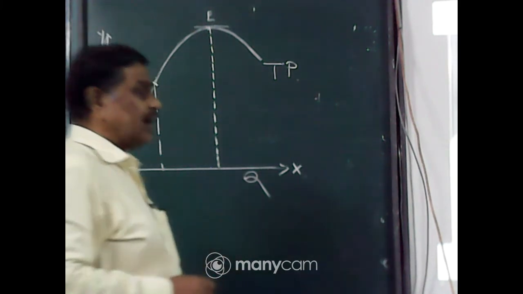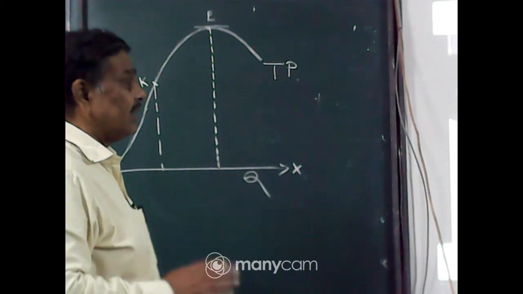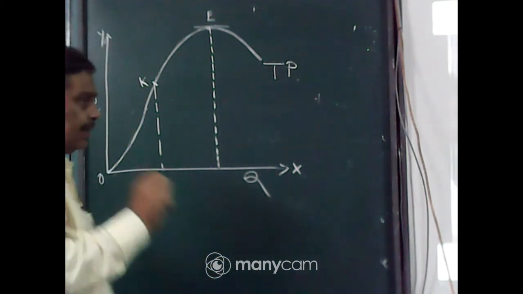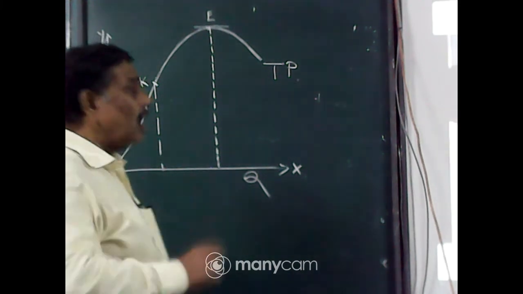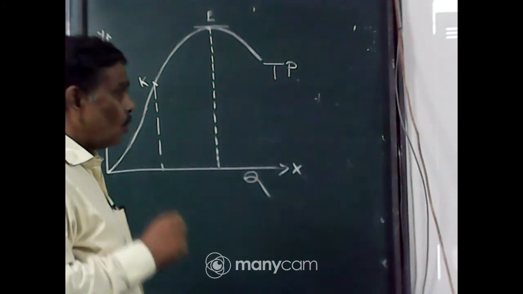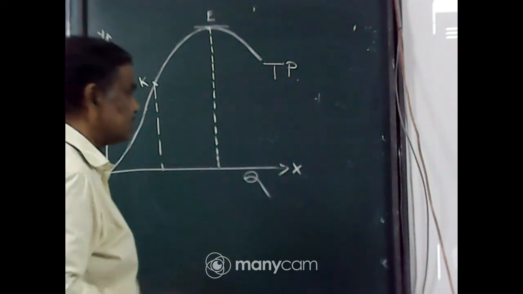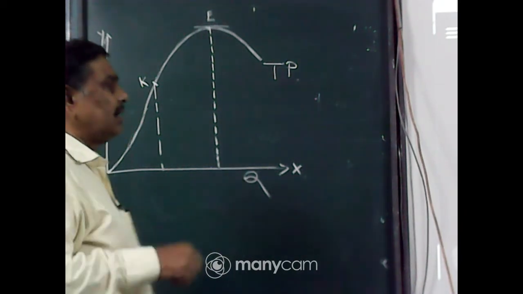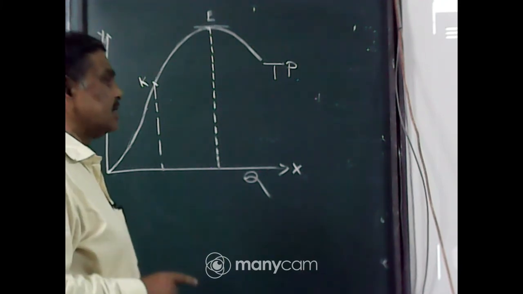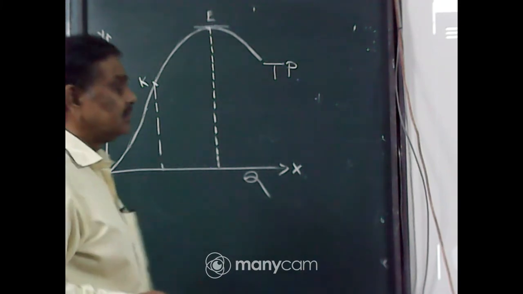Now, I am giving you very common example. Suppose you want to cultivate 1 bigha of land to produce paddy. You require 6 laborers. Now, if you employ more than 6 laborers, suppose 7, 8, 9, 10 laborers, on 1 bigha of land, 10 laborers will not be able to work. So, 5 or 6 laborers will work and other labor will take rest by the side of the land.